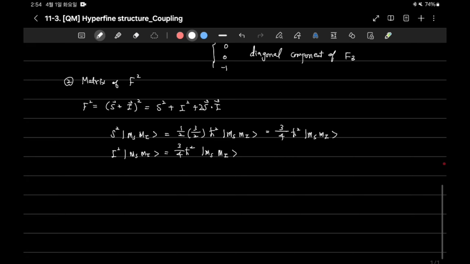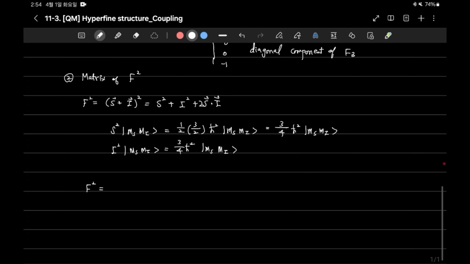So for the matrix elements of F square, we calculated the S square matrix in the previous lecture.